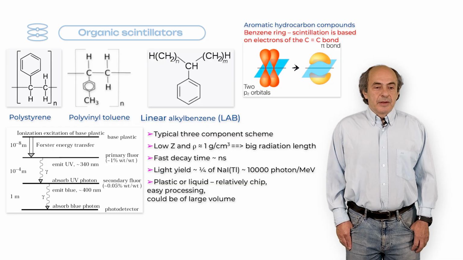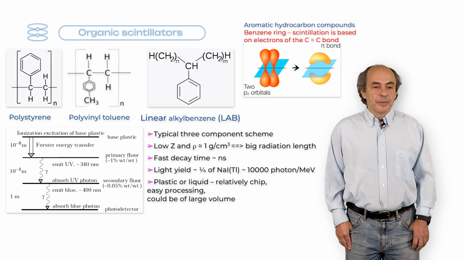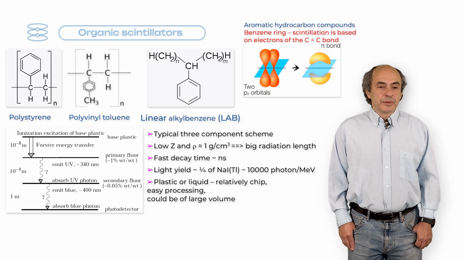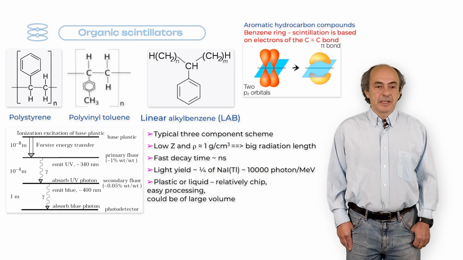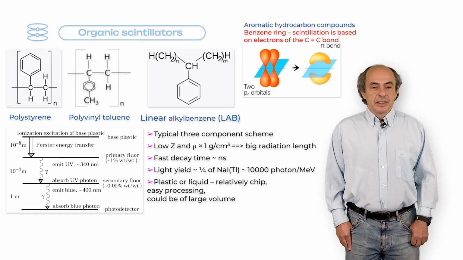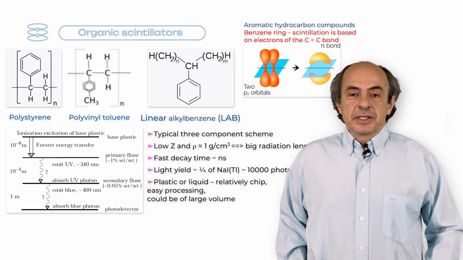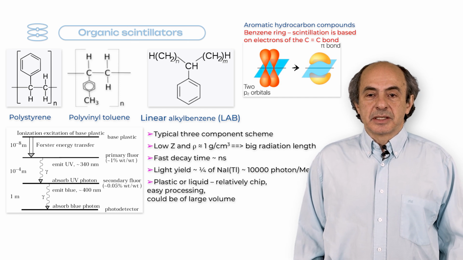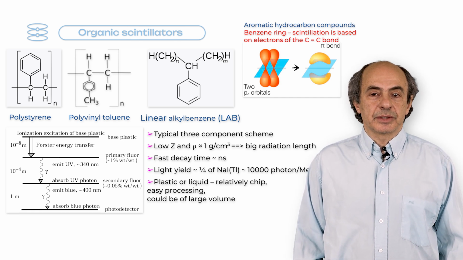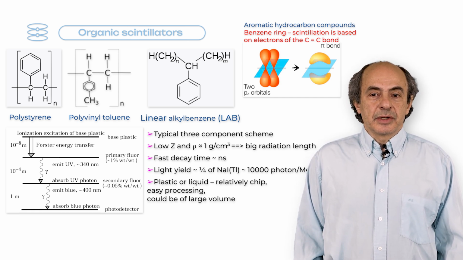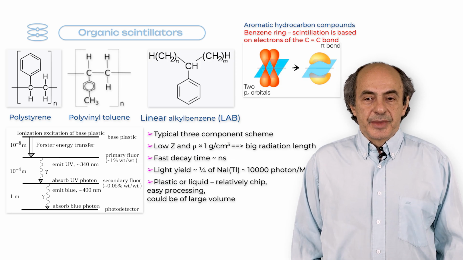The scintillation in organic scintillators is quite different, as I already said. Here are some examples of the most widely used scintillators: polystyrene, polyvinyltoluene, and linear alkyl benzene. You see that all of these are aromatic hydrocarbon compounds, and they all have a benzene ring.